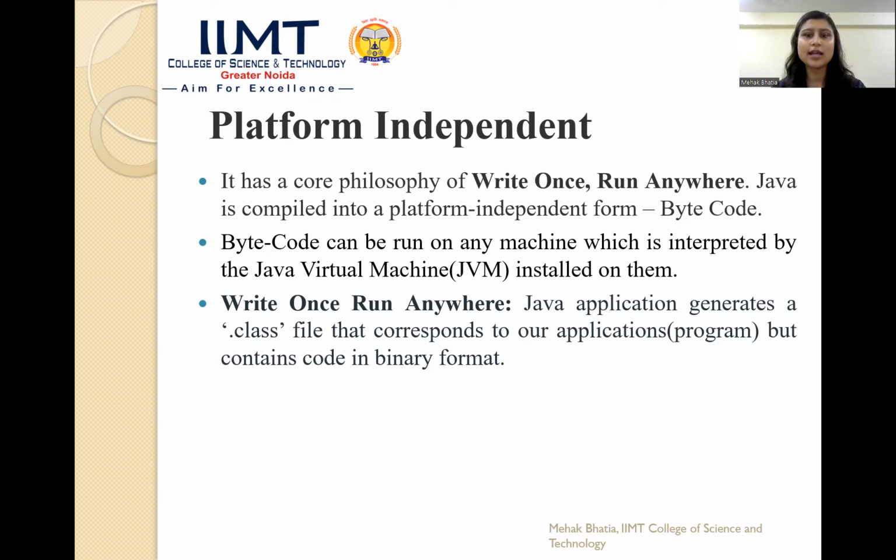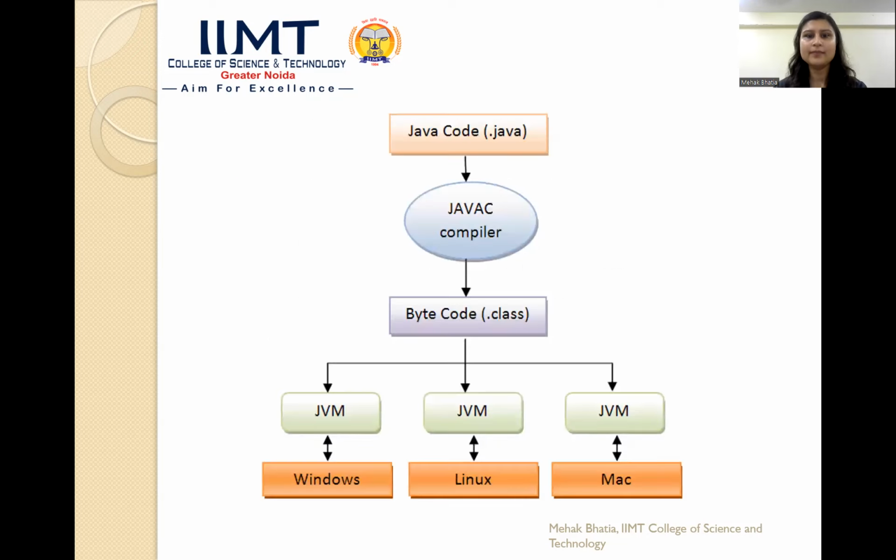That is the reason Java is known as platform independent, because that .class file can be run on any platform. Here is a diagrammatic description of how the Java code is converted into bytecode and can be run on any platform.